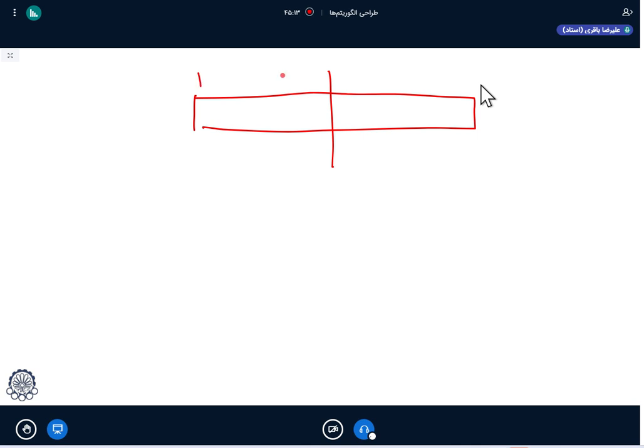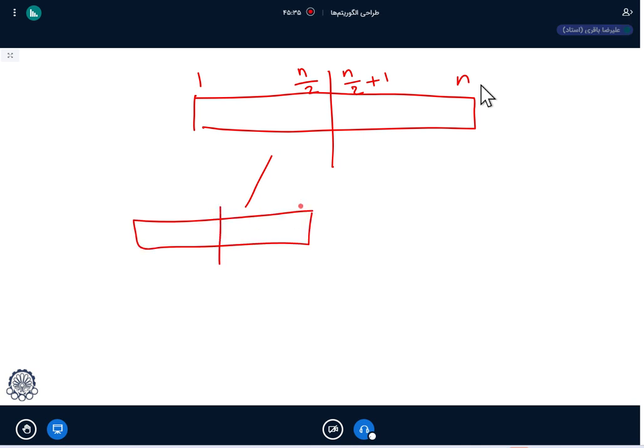At first, we divide an array of n numbers into two parts. Each part has n divided by 2 numbers. Then recursively, this array is divided more, from index 1 to index n divided by 4, and from index n divided by 4 plus 1 to the end.